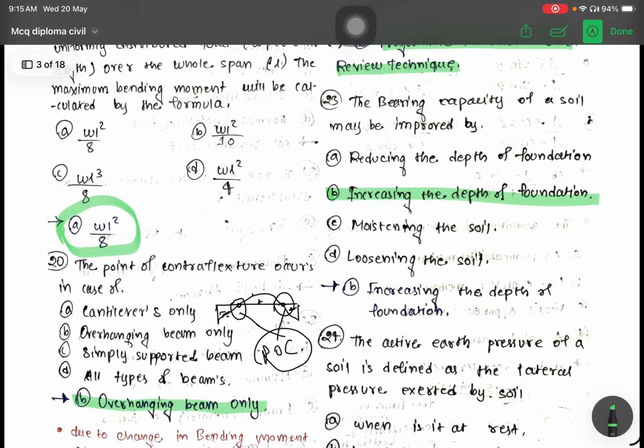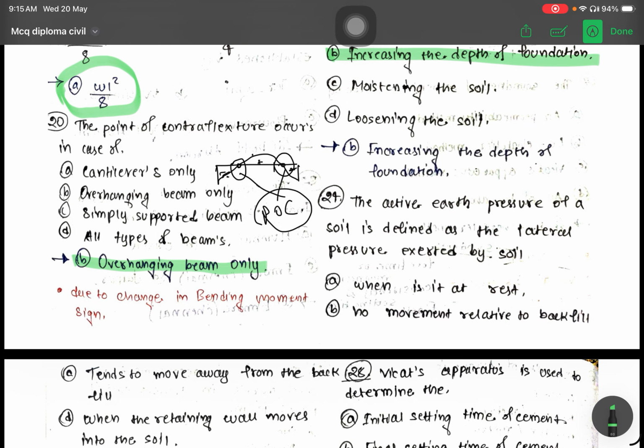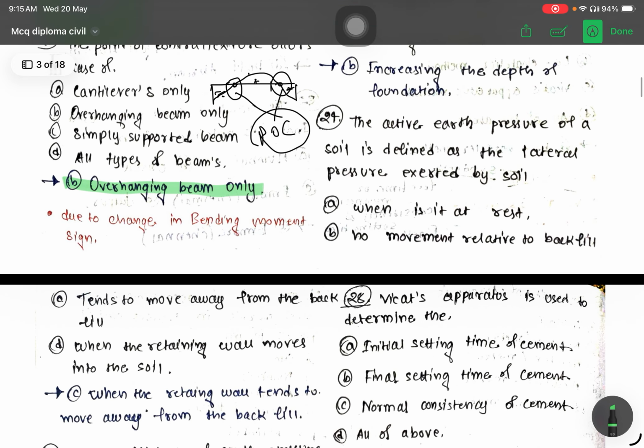By increasing the depth of foundation, we can increase the bearing capacity of the soil. The active earth pressure of the soil is defined as the lateral earth pressure exerted by the soil when the retaining wall tends to move away from the backfill.